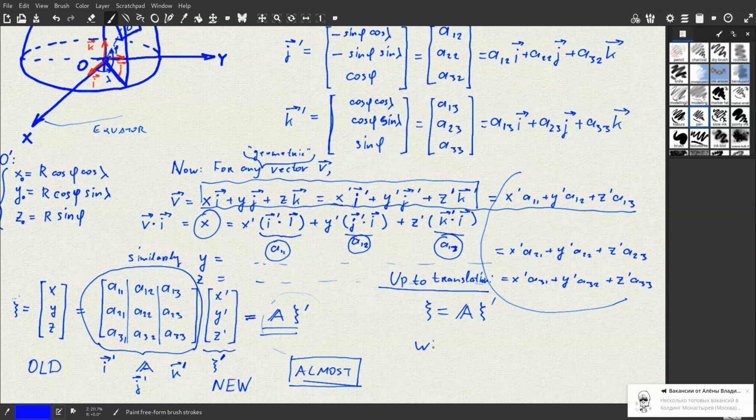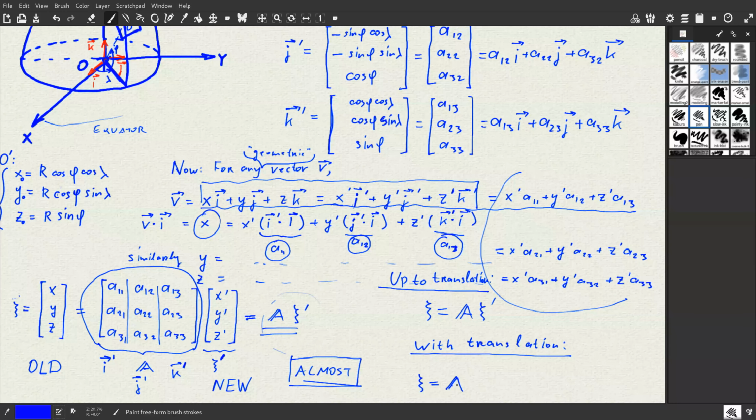With translation taken into account, it would be xi equals to, okay, it's very easy to see.